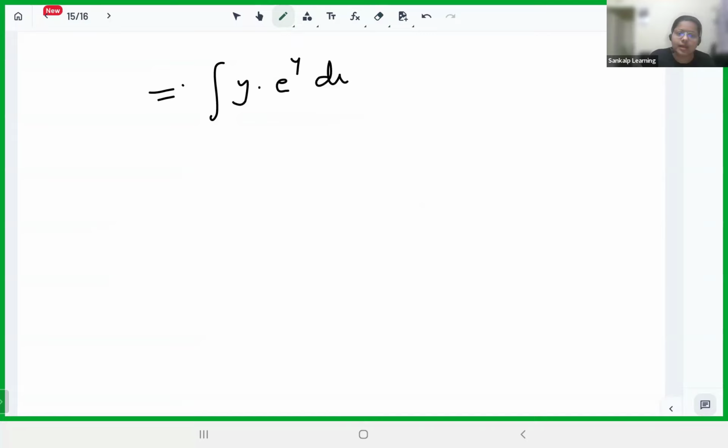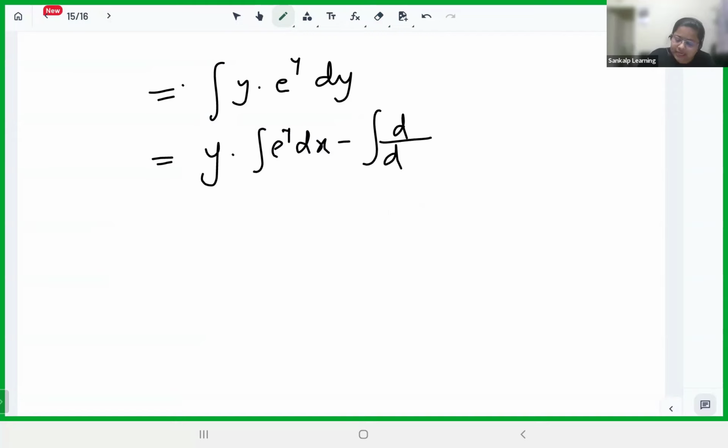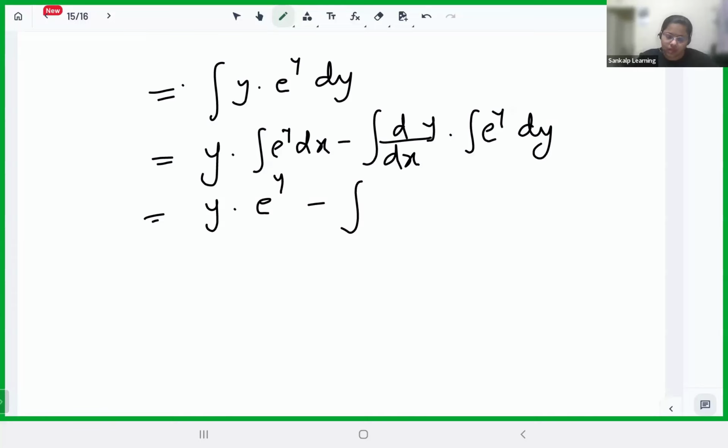Now we are going to apply the integration by parts method. So this is first into integral of second minus integral of derivative of first into integral of second dy. So this is equal to y into e raised to y minus, integral of d by dy of y into integral of e raised to y dy.